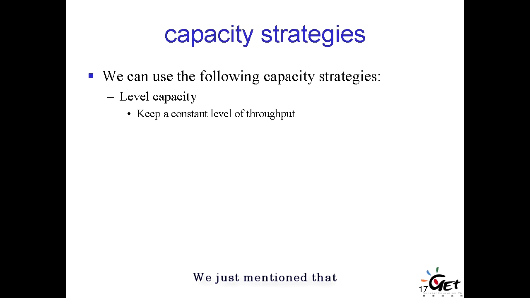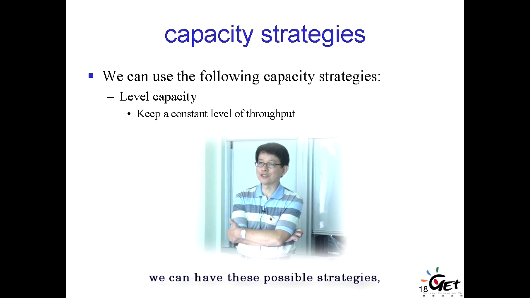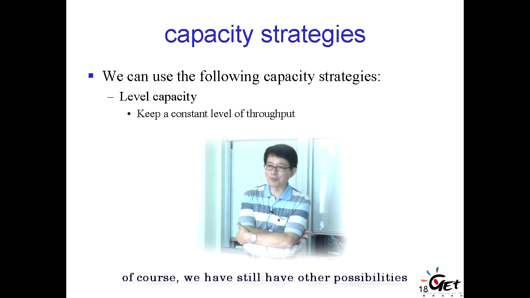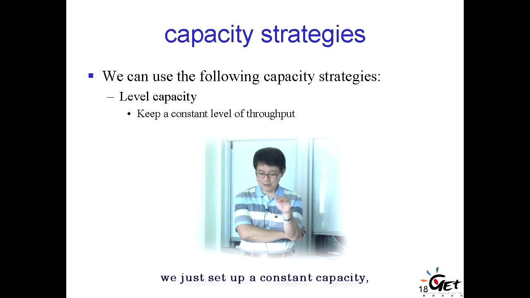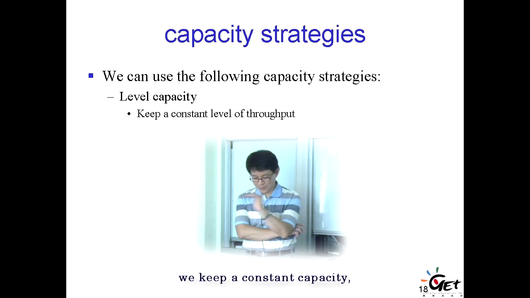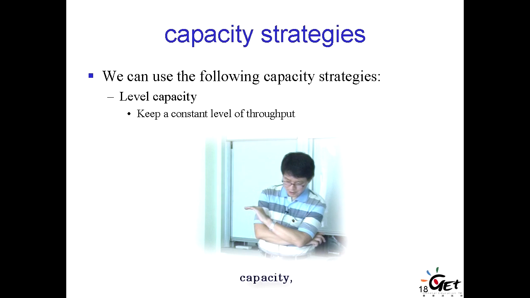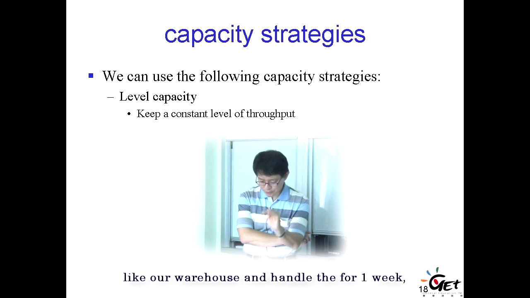But we need to think very carefully about this capacity management. We just mentioned capacity management. We need to set up a suitable capacity. Right? We have some choices. For example, here we can have these possible strategies. Of course, we can still have other possibilities. The first one is we just set up a constant capacity, level capacity. That means we keep a constant capacity. For example, the capacity that our warehouse can handle for 1 week.